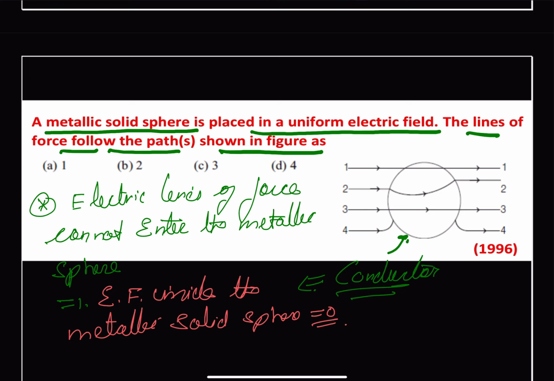And we can also draw the same conclusion by the movement of the electrons. All the electric field lines are from left to right in this direction, and the movement of electrons will be against the direction of the electric field.